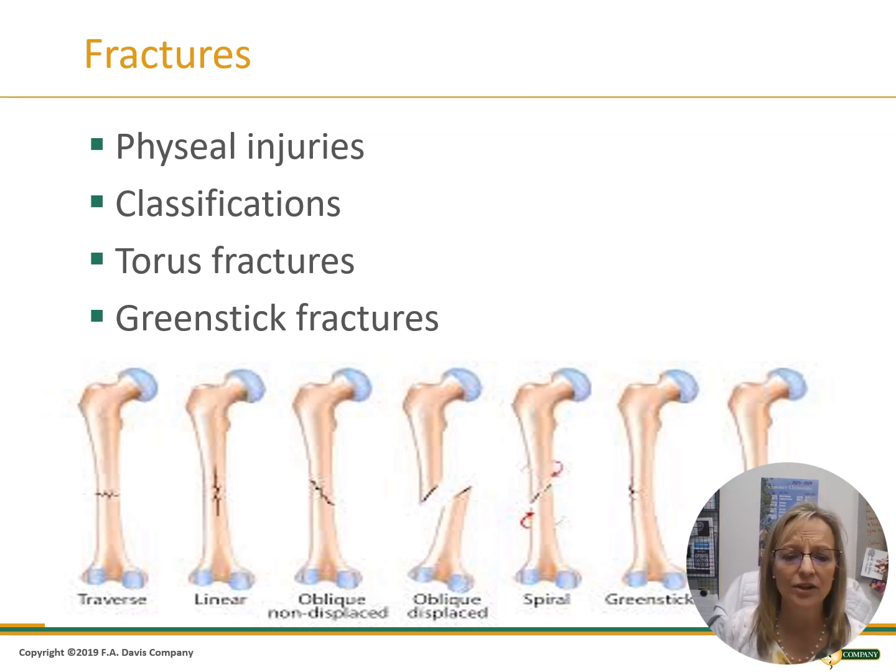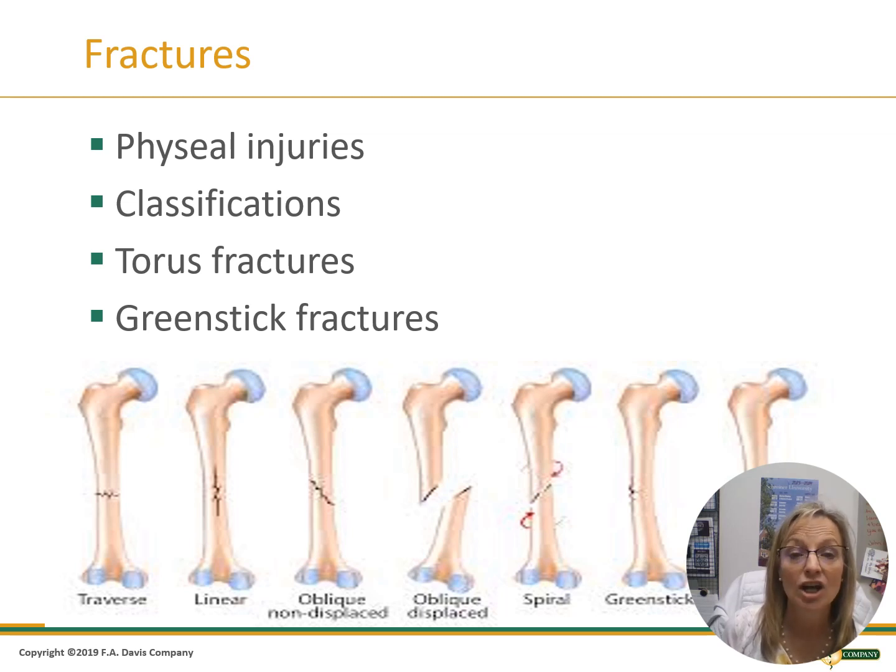But again, they're going to be classified as some of the pictures below that we've already talked about. Greenstick, the buckle or torus fracture, remember FOOSH, and plastic deformation fractures. We can have simple fractures, which just heal up.